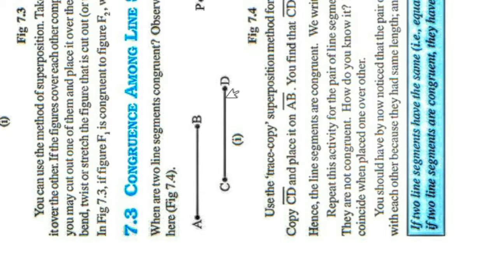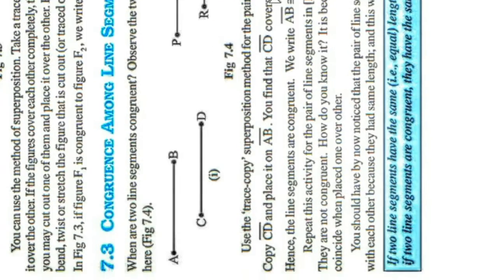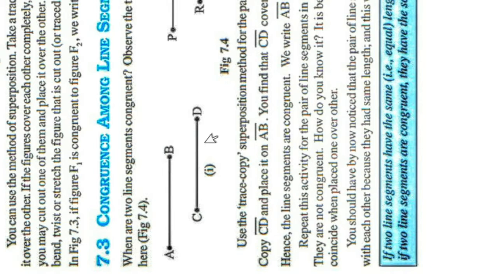You find that CD covers AB completely, because both are of the same size. With C on A and D on B, C will come on A and D will come on B. Hence the line segments are congruent, so we can write AB congruent to CD.